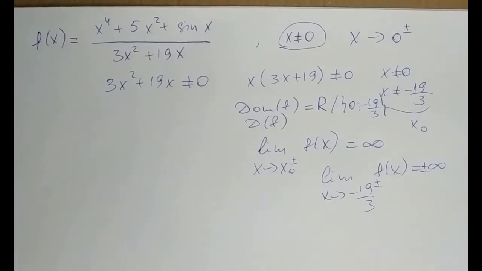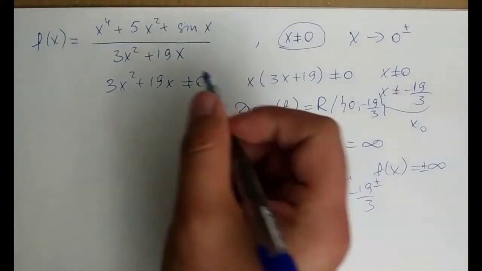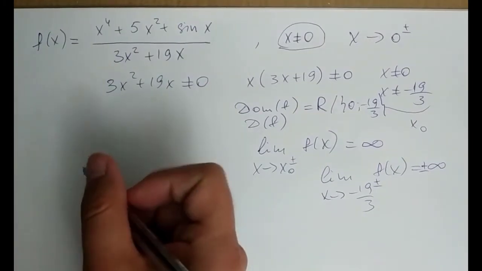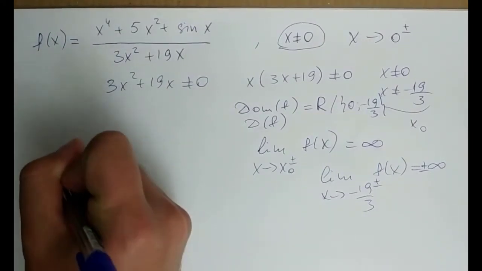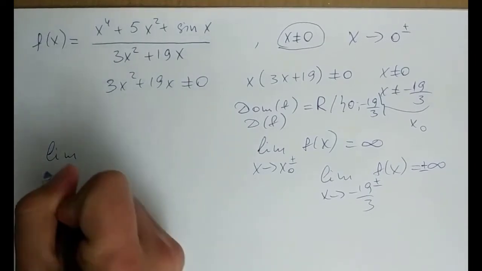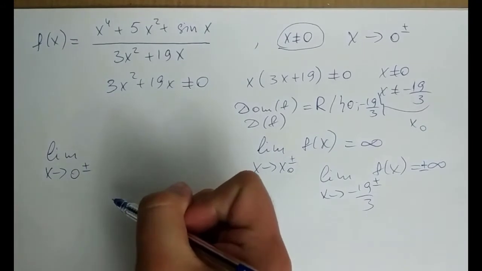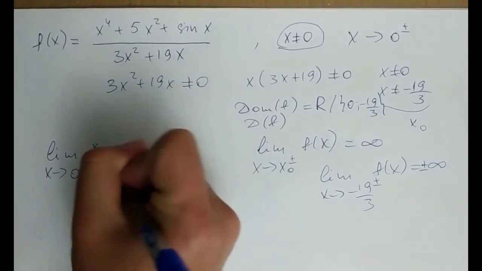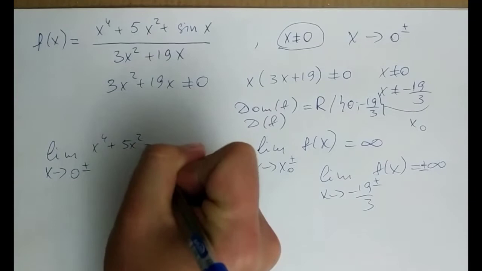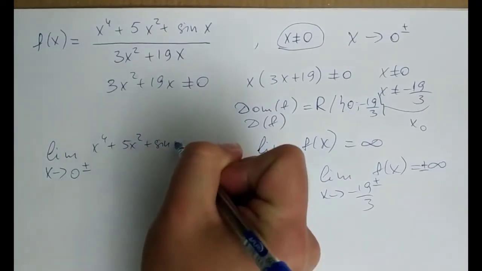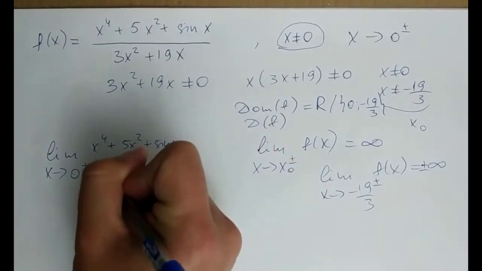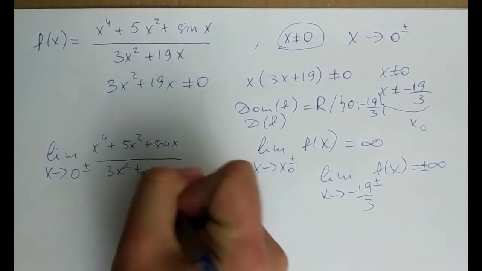Now we find the limit as x tends to 0 plus and minus of this function: x fourth plus 5x squared plus sine x over 3x squared plus 19x.